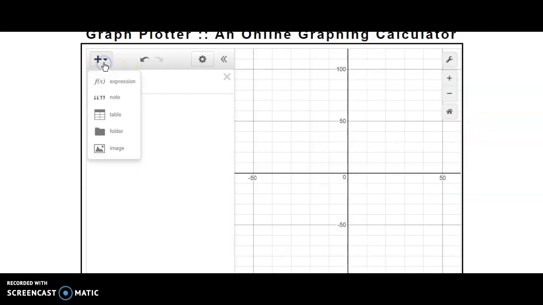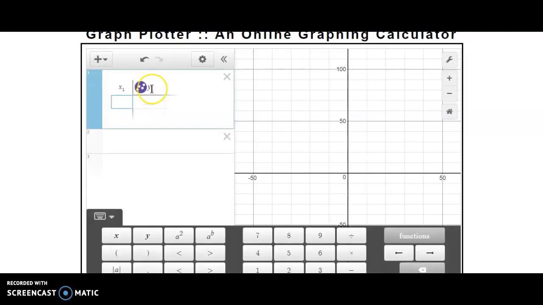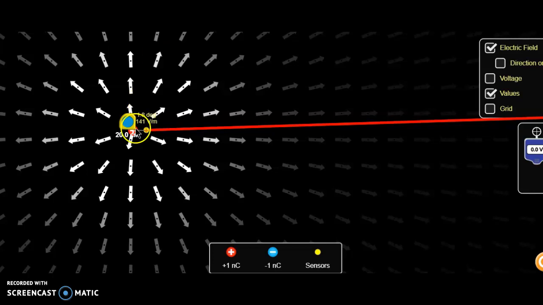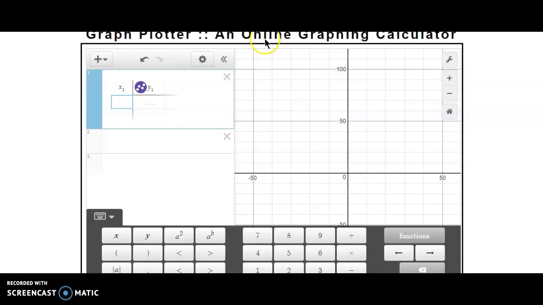Now I choose a table, with x and y axes. The x-axis is for the distance, and the y-axis is for the electric field strength. At 20 centimeters, it gives us 141 volts per meter.